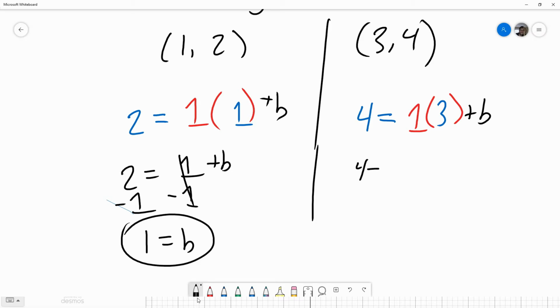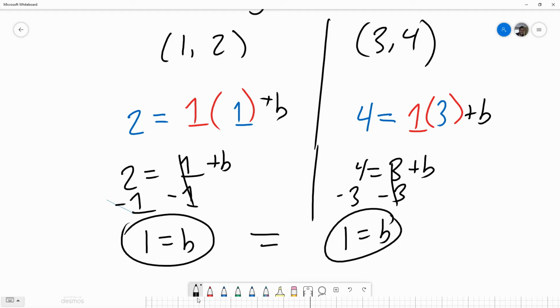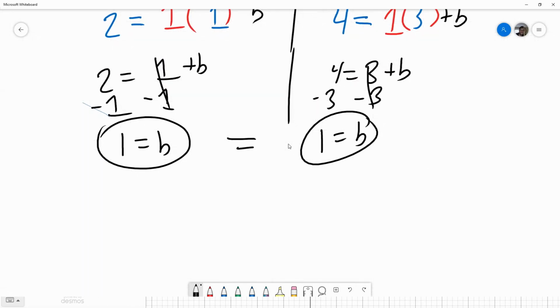I have 4 equals 3 plus b. Subtract 3 from both sides, and 1 should equal my y-intercept. What do you know? It should be 1. So my equation should become y equals 1x and then plus 1.